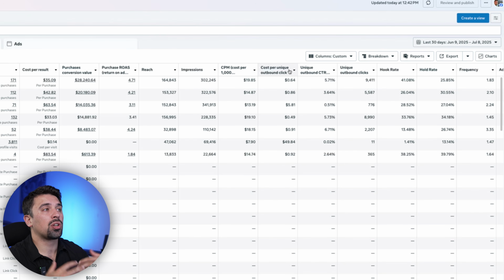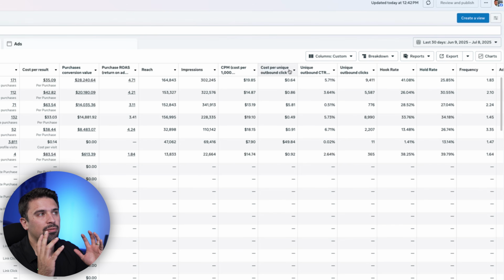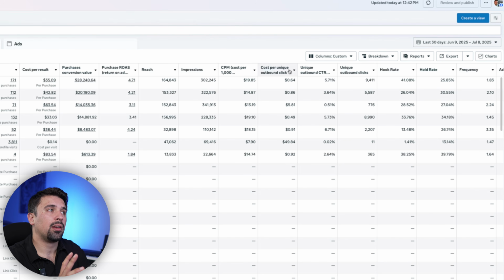The reason we use cost per unique outbound click is that per unique means each individual person, and outbound click means only the link that goes to our website. So it's not the profile link, it's not any link inside the primary text, it's not any other link besides the one that goes to our website. It's very clear: out of all the unique individual people that saw my ad, how much does it cost me to get them to click?